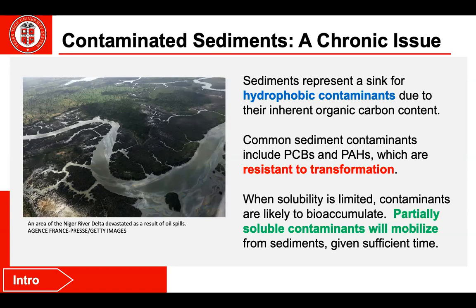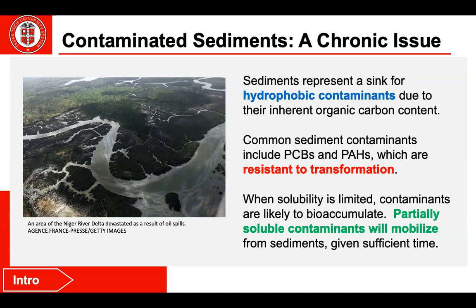The most common legacy sediment contaminants that you'll see are polychlorinated biphenyls and polyaromatic hydrocarbons. Today I'll be talking a little bit about polyaromatic hydrocarbons, but certainly there is a full suite of different sediment bed contaminations. In general, the same characteristics that make these compounds have such a strong affinity for the sediment bed also makes them generally resistant to transformation.